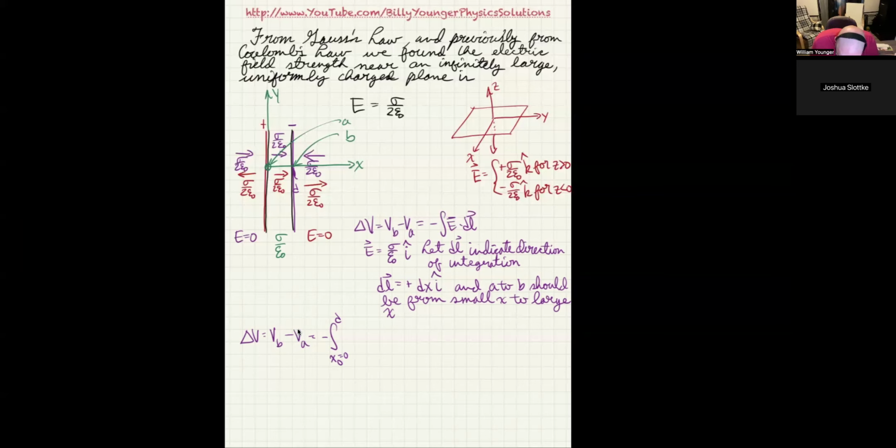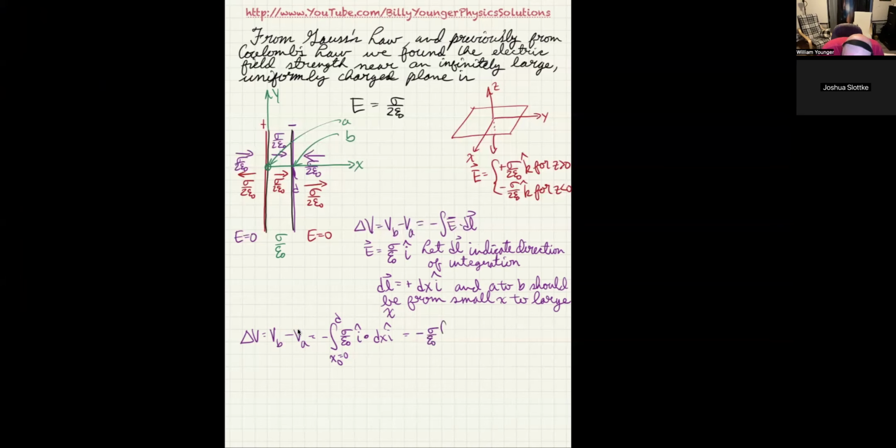The E is sigma over epsilon naught times i hat, and then the dl is positive dx i hat. We learned that the dot product is a linear operator, so we can pull the dx and the sigma over epsilon naught right in between the dots, or we could pull them out. I'm going to pull them out, and since sigma over epsilon naught is a constant, I'm going to write it out in front.